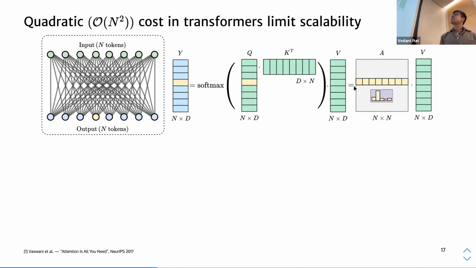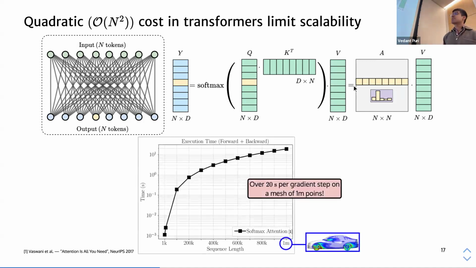So essentially, we are storing all the weights of this graph in an n-squared matrix, and that's where the n-squared scalability cost is coming from. We analyze the scalability of this method by timing a forward and backward pass for a single attention layer on different sequence lengths or numbers of points.